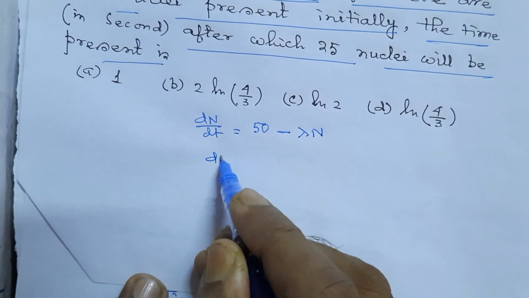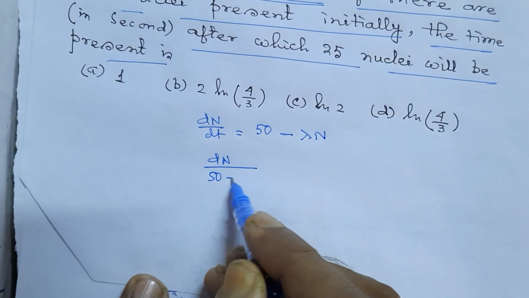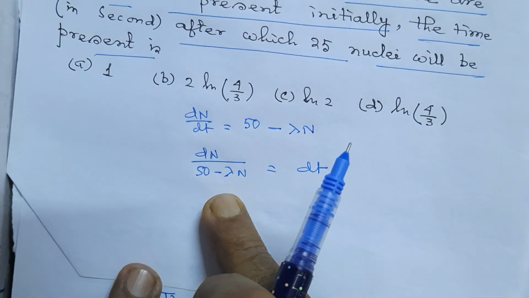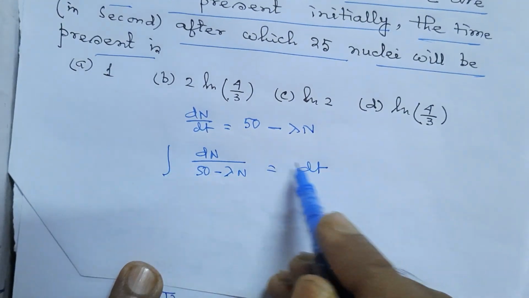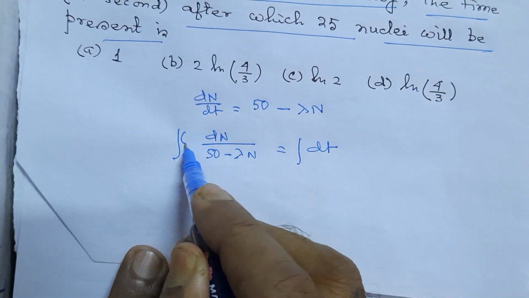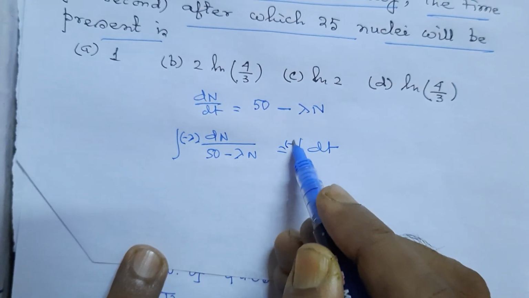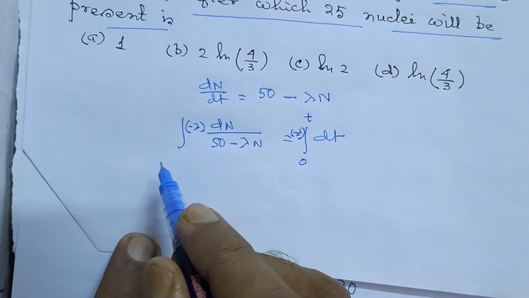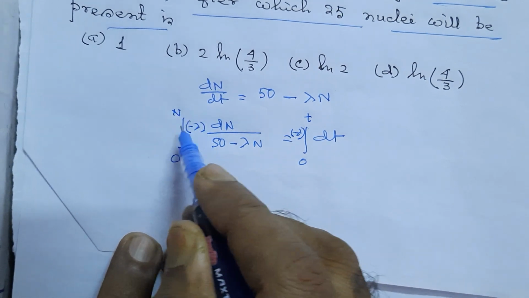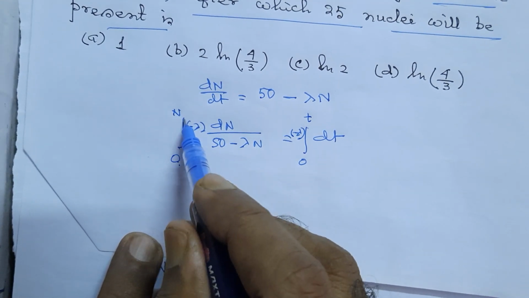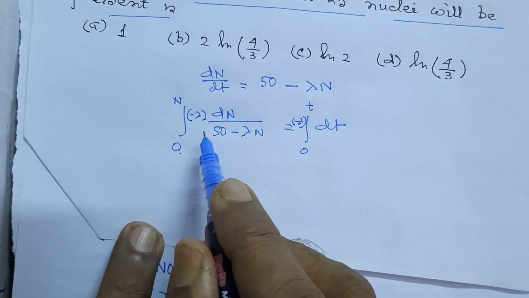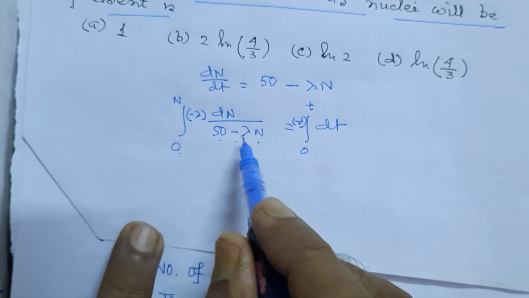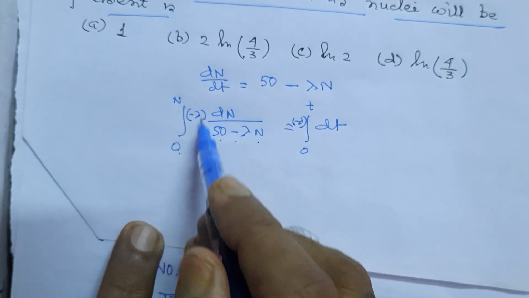So make the separation of variables, dN by 50 minus lambda n equals dt. To find the relation between n and t, now make the integration, multiplying both sides by minus lambda. Now time varies from 0 to t. Let the number of atoms or molecules be 0 at first and ultimately it is n. So we find minus lambda dn by 50 minus lambda n, which is in the form dn by n.